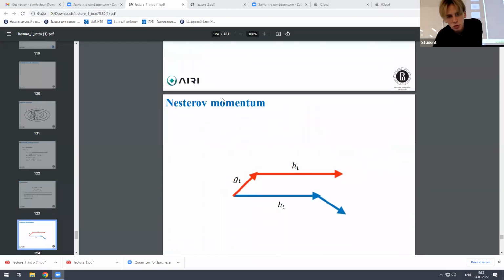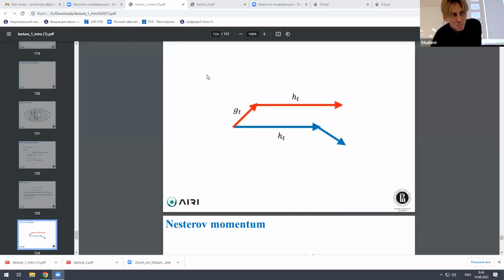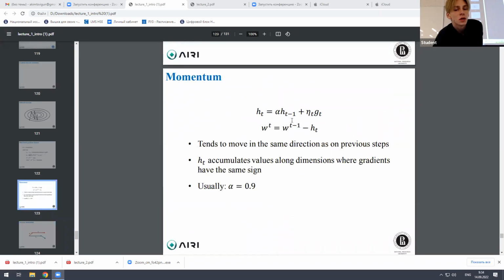Another method of this group is Nesterov momentum, but again, here, you want me to explain this formula, right? Okay, so on each step t, our ht will be that very thing which is subtracted from our current parameters.